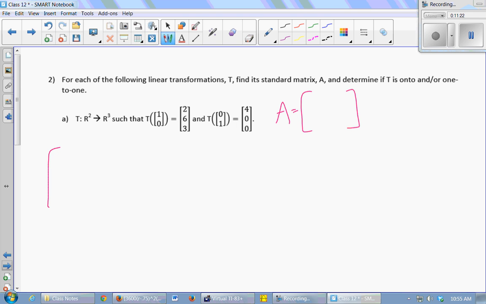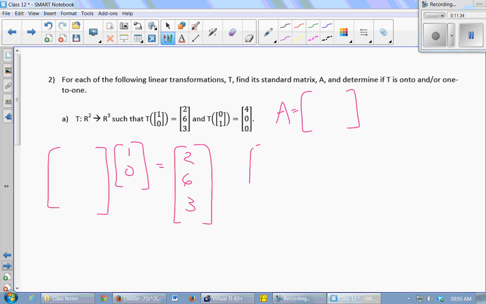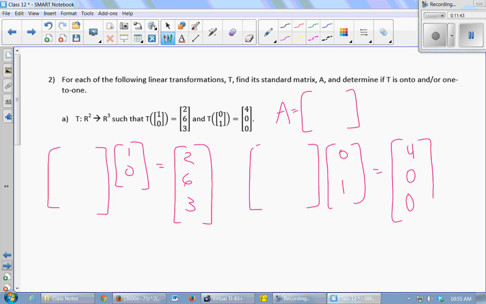So here I've got some matrix A. And when I multiply by 1, 0, I'm supposed to get 2, 6, 3. And then that same matrix, when I multiply it by 0, 1, I'm supposed to get 4, 0, 0.